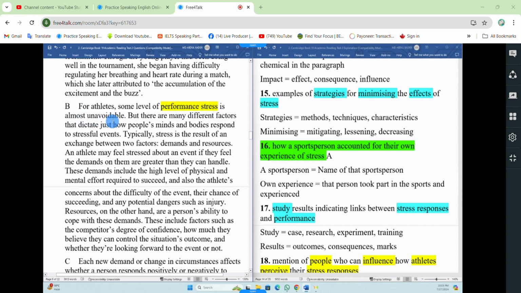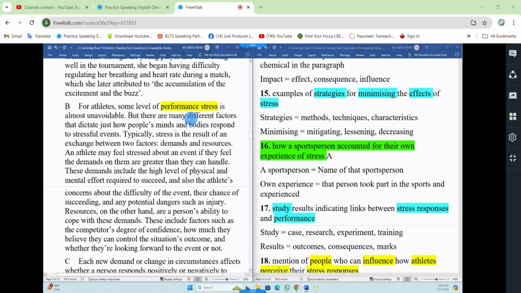That is almost unavoidable. But there are many different factors that dictate just how people's minds and bodies respond to stressful events. Yes, as we know, some level of performance stress we can't avoid, but there are many different factors that dictate how people's minds and bodies respond to stressful events.